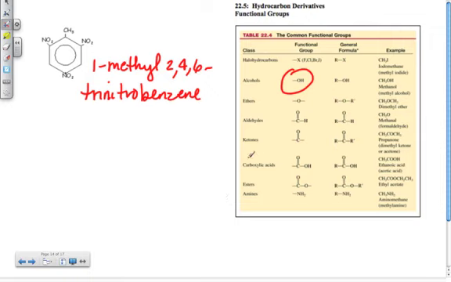Your carboxylic acids, also known as your organic acids, from what you remember from Regents Chem, have a C double bond O OH at the end. And then your esters are the result of an alcohol and organic acid combining to form an ester. So you have the C double bond O O in the middle of the group, and your amines are NH2.